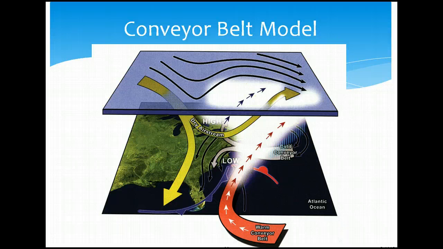While the warm conveyor belt is gliding up and over the warm frontal surface, winds in the lower troposphere in the region northeast of the surface low blow from the east or northeast and are relatively cold. This flow forms the cold conveyor belt and at low levels is located just to the cold or north side of the warm front.